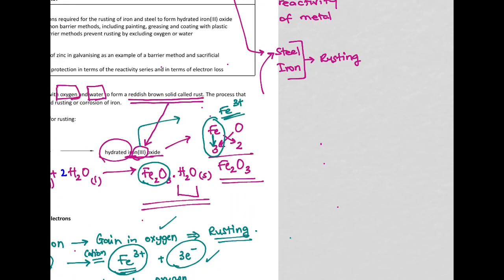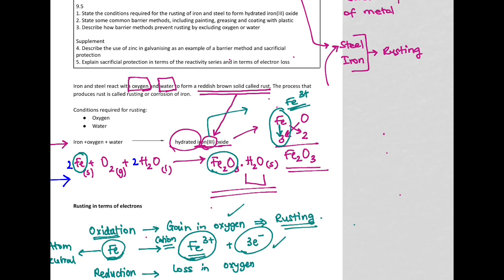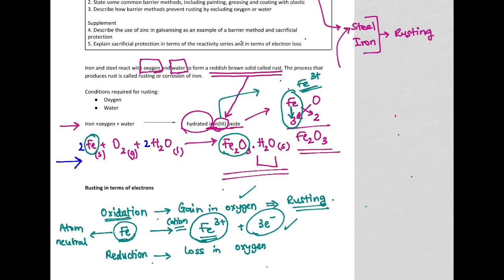However, in the case of rusting, the hydrated iron oxide flakes off and cracks and exposes more surface of the iron to allow more rusting, which causes further corrosion and causes the metal to break down and weaken. Therefore, it's very important to prevent rusting from happening.